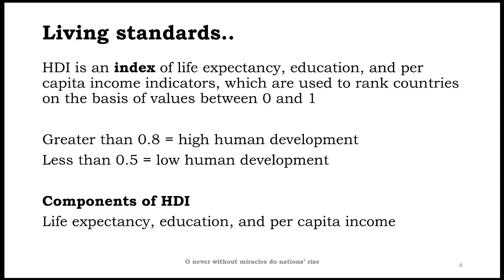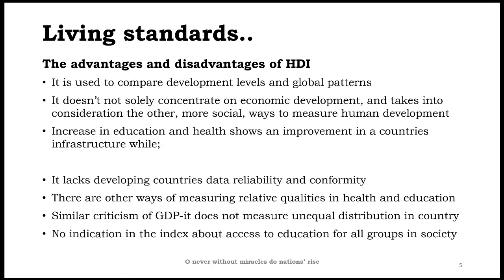Then come the components of HDI: as we have earlier said in the definition, it is based on life expectancy, education, and per capita income. These are the components of the HDI.